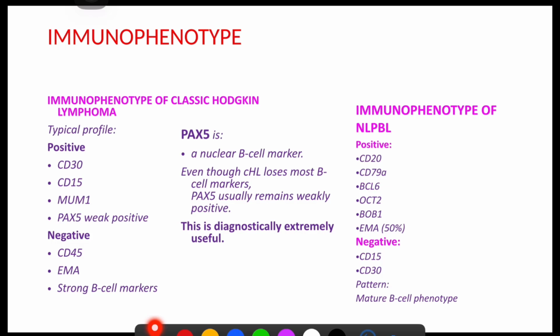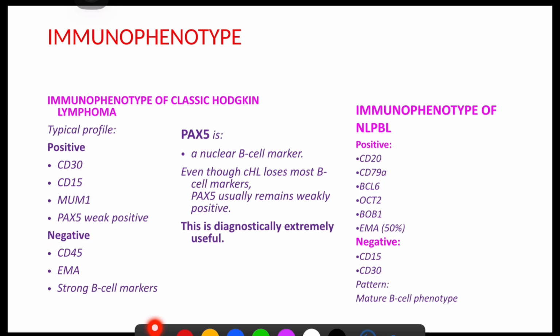Now, if we look at the immunophenotyping characteristic of classical Hodgkin's lymphoma, a typical profile shows CD30, CD15, and MUM1 positive. PAX5 is weakly positive. Negative stains are CD45, EMA, and strong B cell markers.